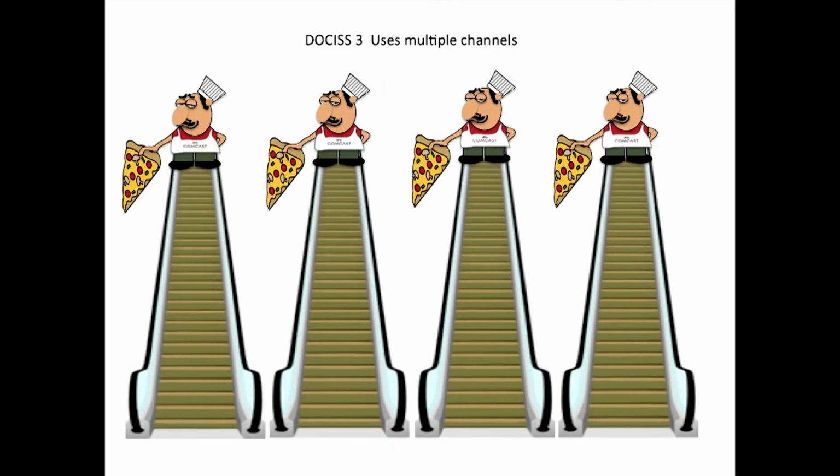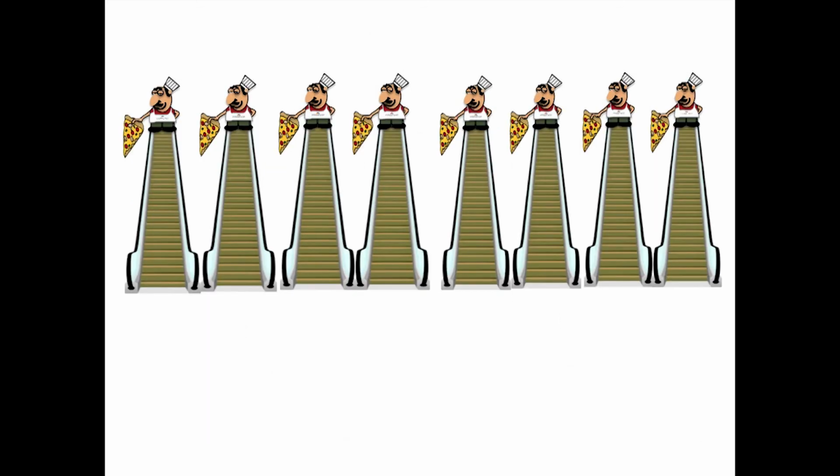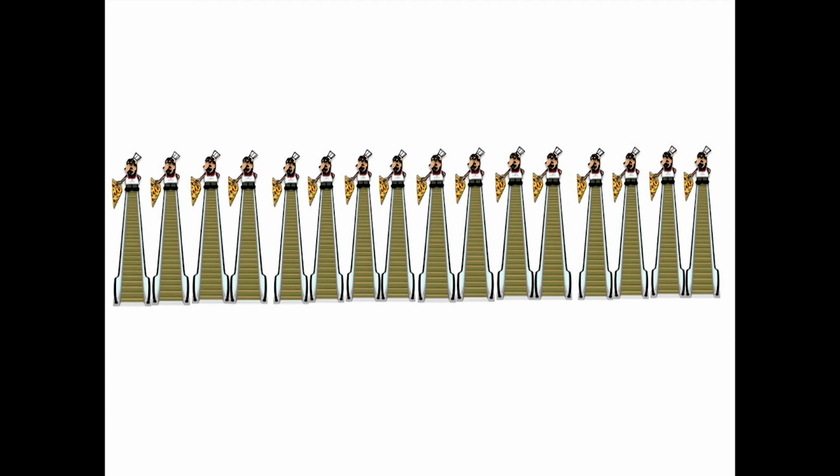Then with channel bonding, we use multiple channels at the same time to deliver a slice. So now you can see how speeds can increase, 4 channels, 8 channels, 16 channels, all at the same time.